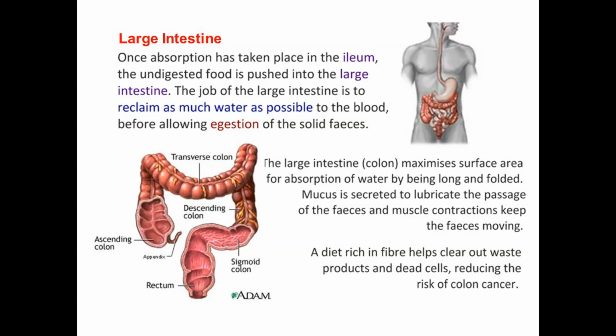And remember, as you're pulling water out, the feces is becoming harder, more structured, so it's easier and easier to push the feces along, right? It mentions here that the large intestine maximizes surface area for absorption of water by being long and folded. And of course, mucus is secreted to lubricate the passage to make moving the feces easier. And this one you know already, a diet rich in fiber helps clear out waste.